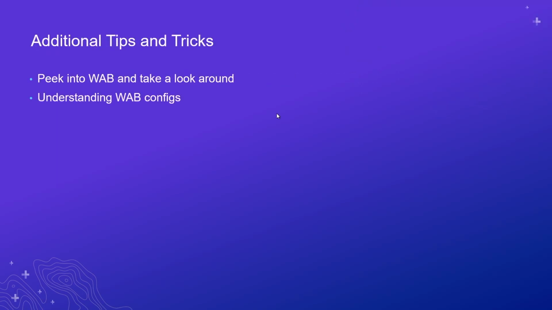So a couple other things that we've got, really when you start looking around inside of what you get with Web App Builder, there's a lot there. Take a look around, take a look at the utilities that are in there. There's a lot of utilities and a lot of classes in there that you may want to use.